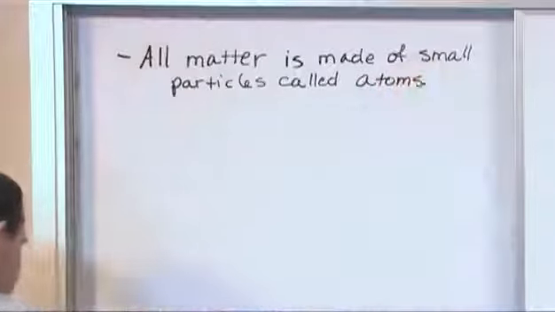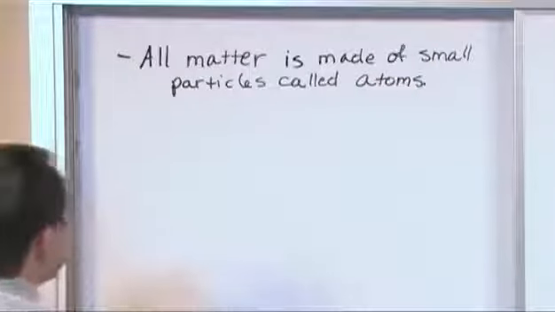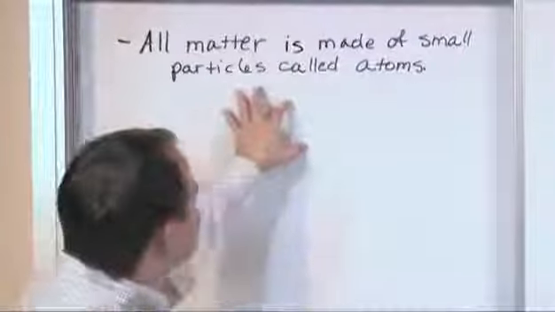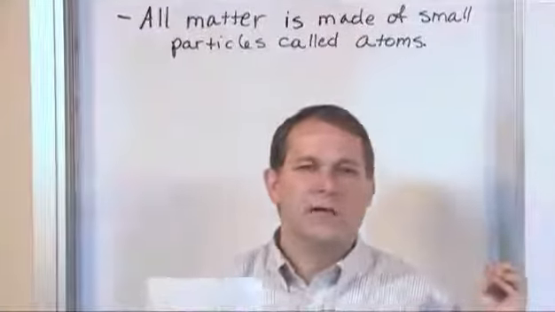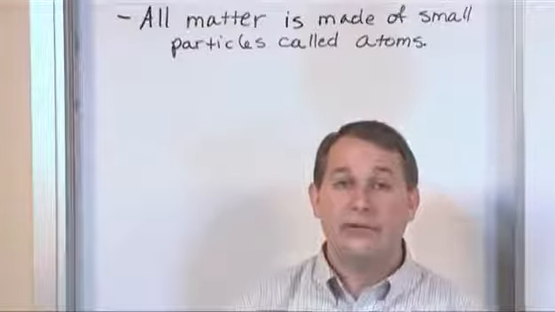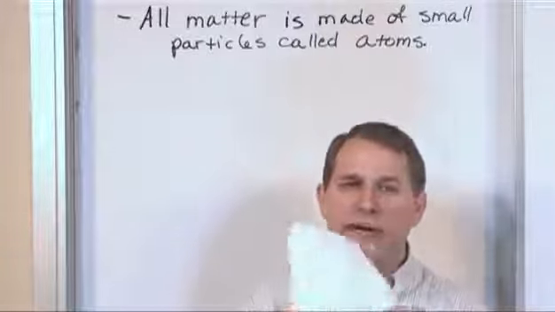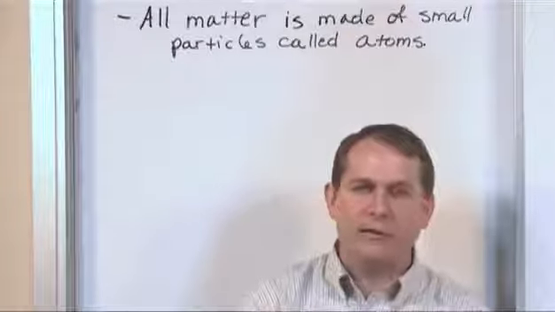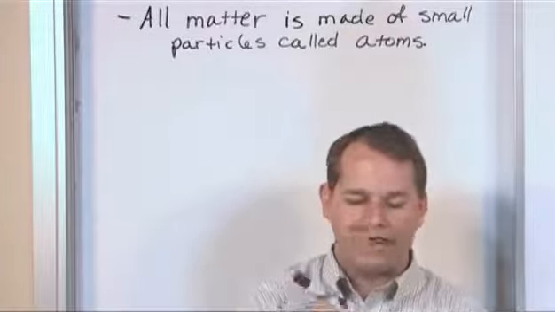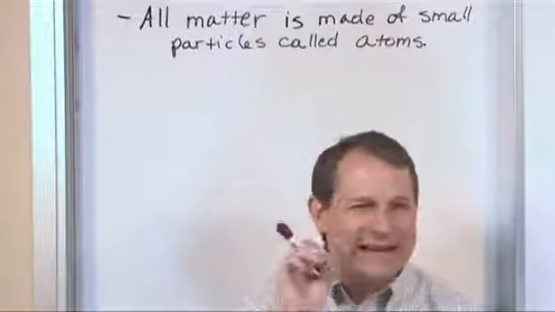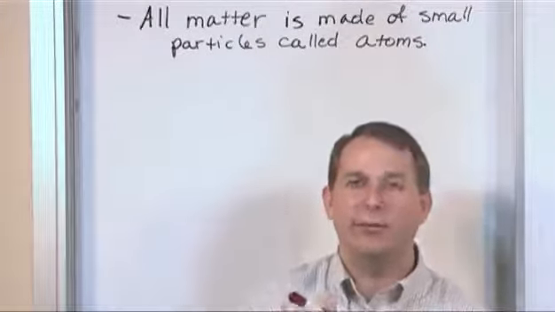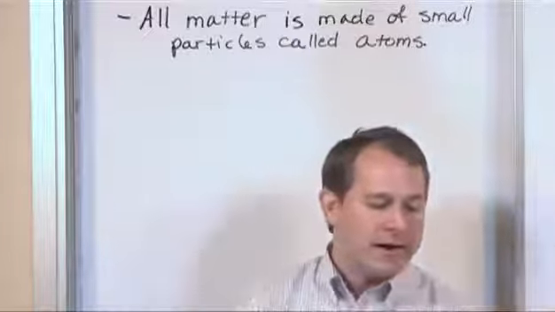And it's hard for us here in the 21st century to realize how incredible of a jump this was for people to know that to be true. Because when you look at this sheet of paper, absolutely nothing about it tells you that it should be made of small, teeny tiny little indivisible things we call atoms. Nothing at all.